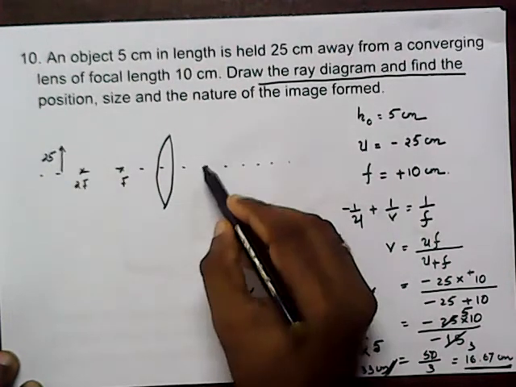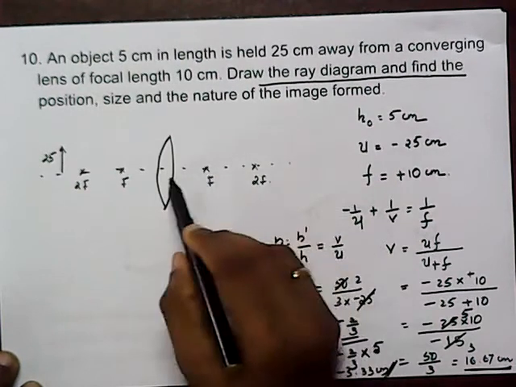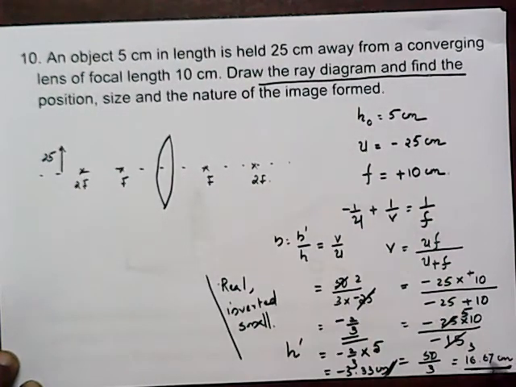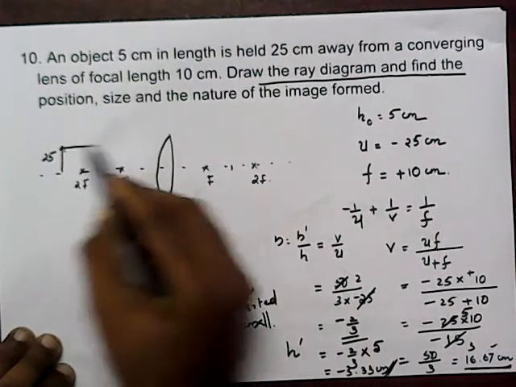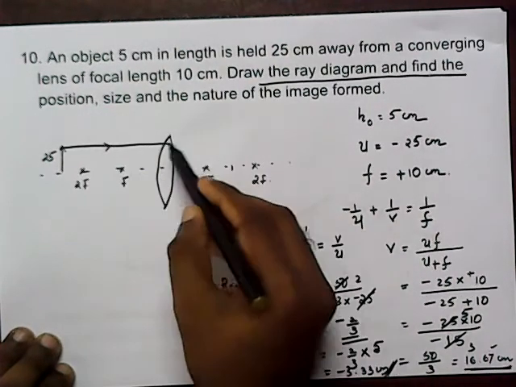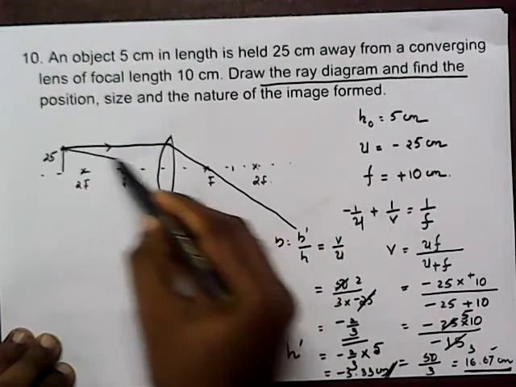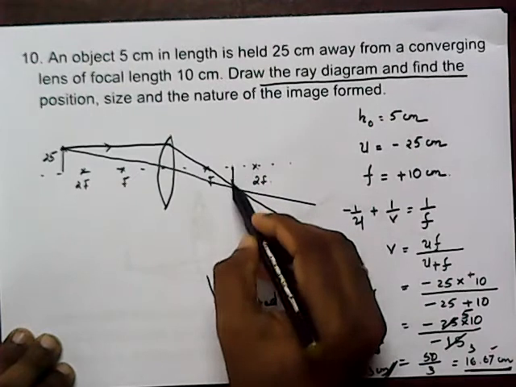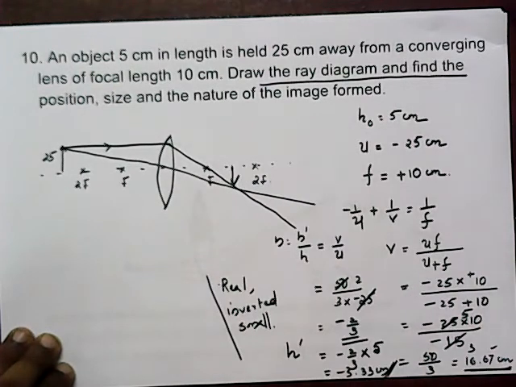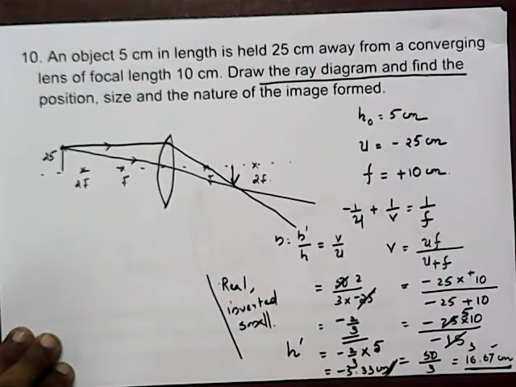So f is 10, 2f is 20, and we get the image at 16.67. One ray is coming through the focus, and another one through the optic center. So a small image on the other side of the lens is formed. So good concept.